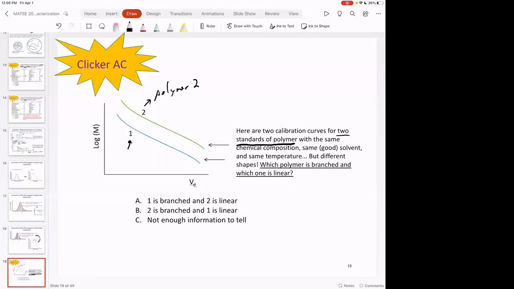And this is a different polymer with a different calibration curve. So two different calibration curves where now we've constructed the molecular weight versus solution volume curve. They have the same composition. So you could say these are both types of polystyrene if you want. Same solvent, same everything else. And the question is, which one is branched and which one is linear?